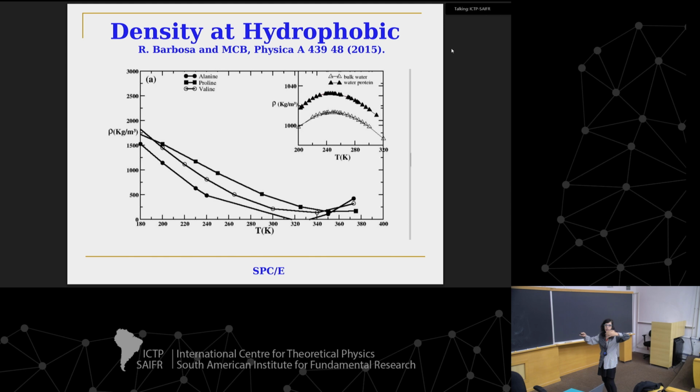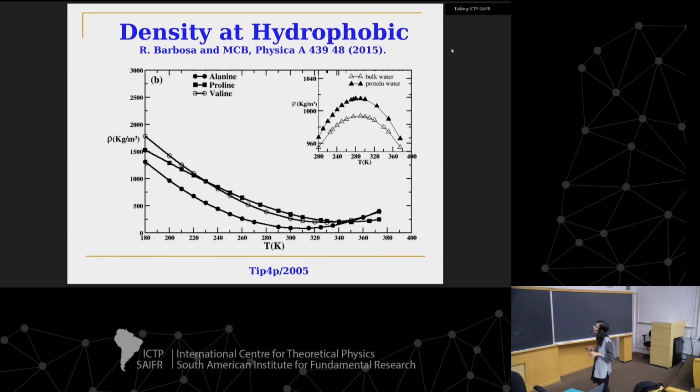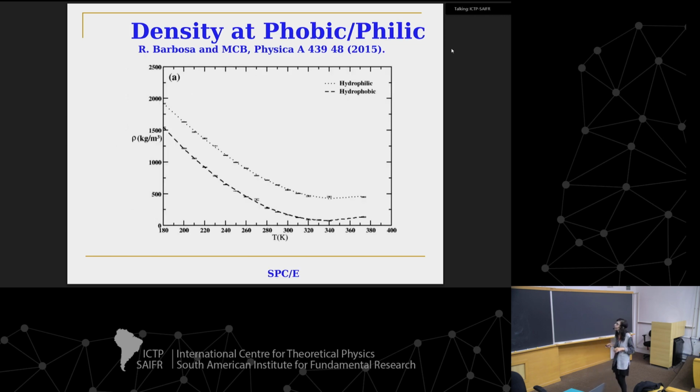Somehow you start bouncing back. Maybe because at this very high temperature, all the hydrogen bonds in the water are disrupted, so the surface of the protein is a locus where there is no competition between bonding with the bulk and being in this empty space surrounding the protein. And the same thing happens with TIP5P-E water.